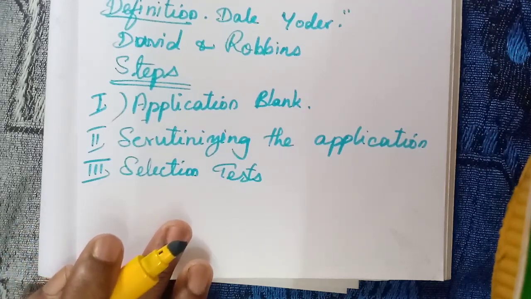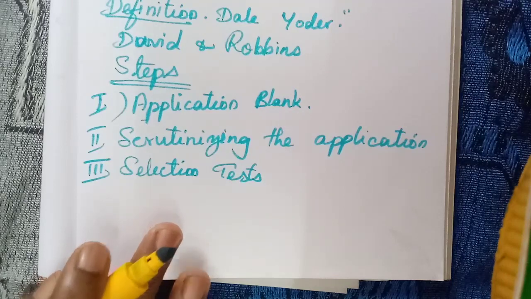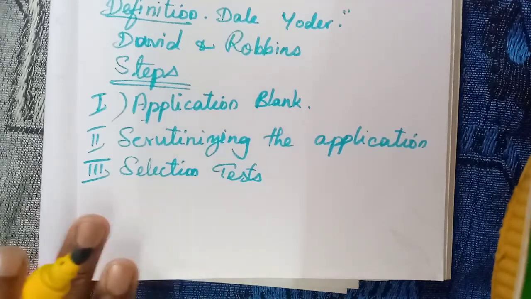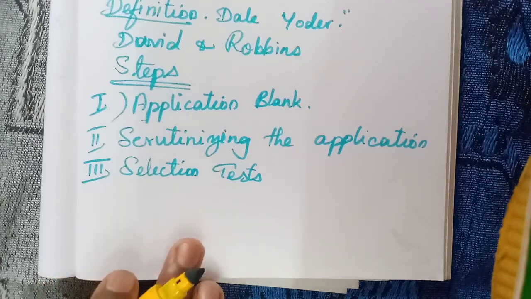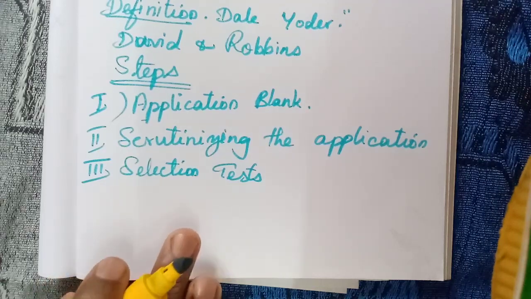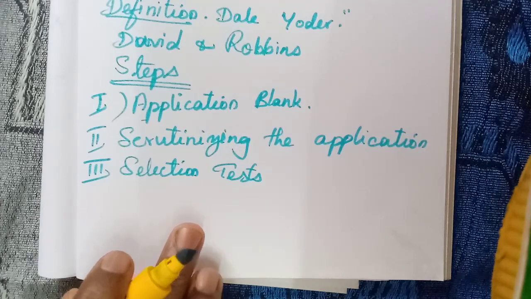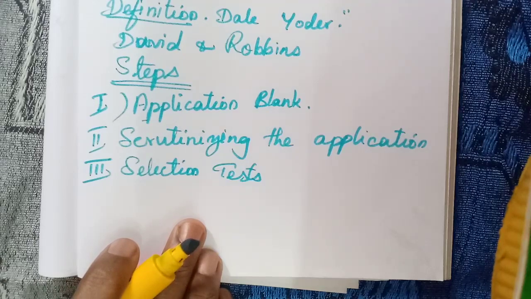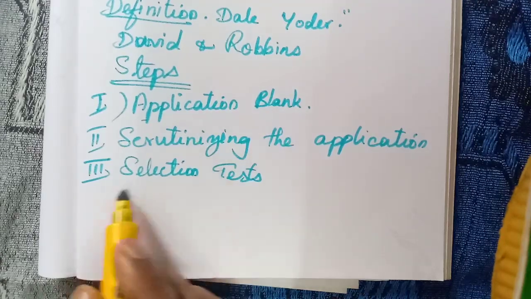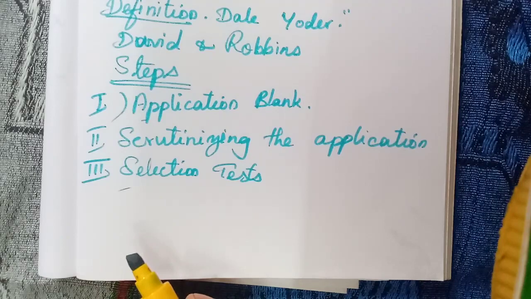Why do they conduct these tests in the selection process? To ensure the candidates possess the necessary qualification and whether they fit into the position in the organization. For that purpose they conduct this selection test.